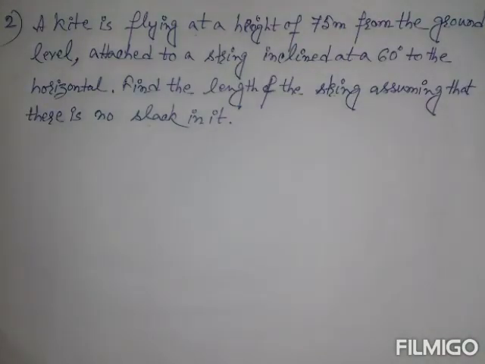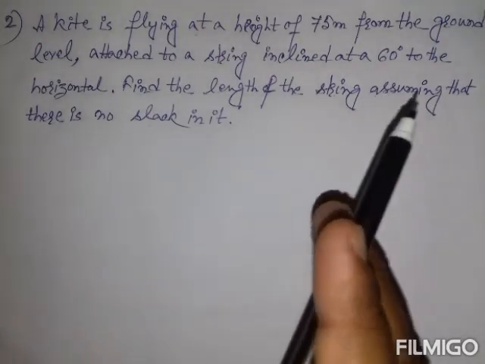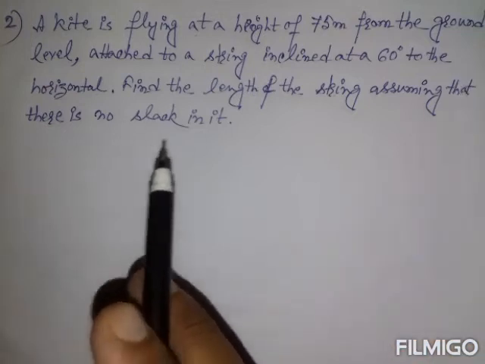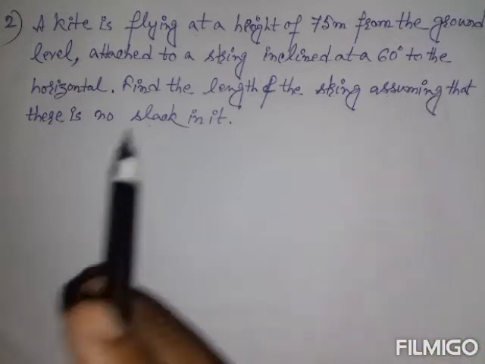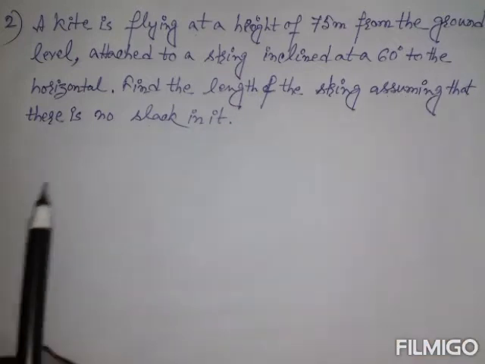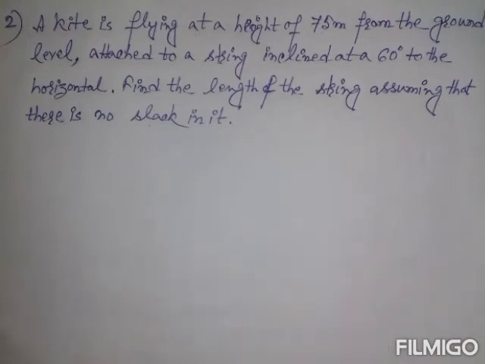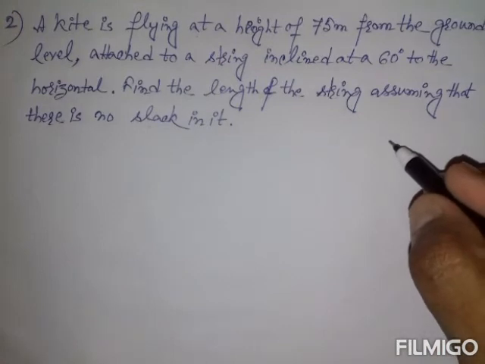Now number 2. A kite is flying at a height of 75 meters from the ground, attached to a string inclined at a 60 degree to the horizontal. Find the length of the string assuming that there is no slack in it. Okay, at first we have to draw.